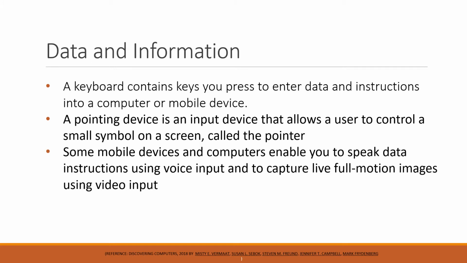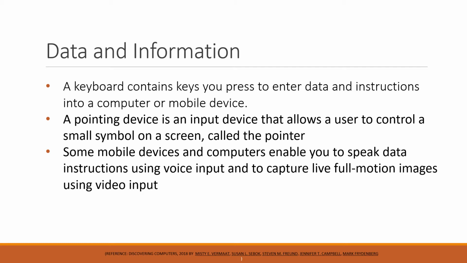I have here a list, a definition of different components we have in a computer. One very important component is the keyboard. By definition, a keyboard contains keys you press to enter data and instructions into a computer or mobile devices. We also have a component in our computer we call a pointing device.